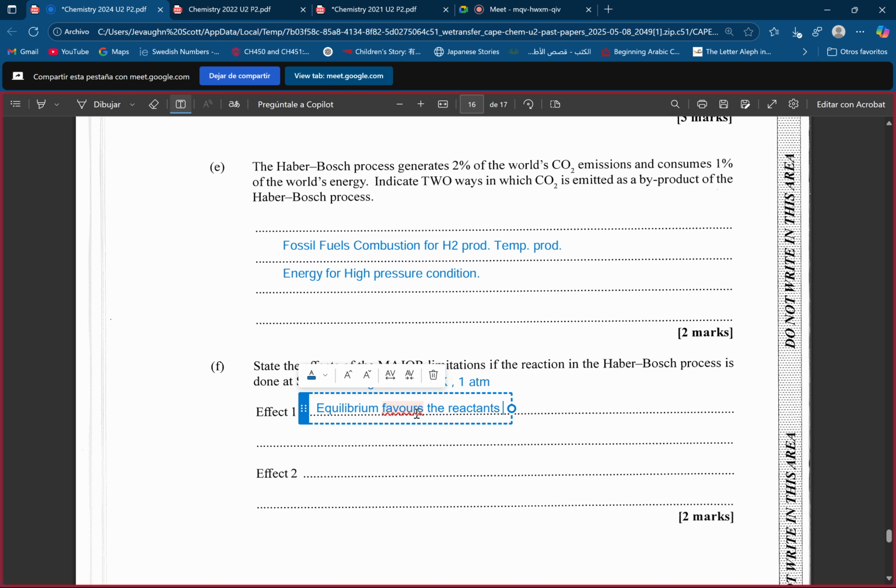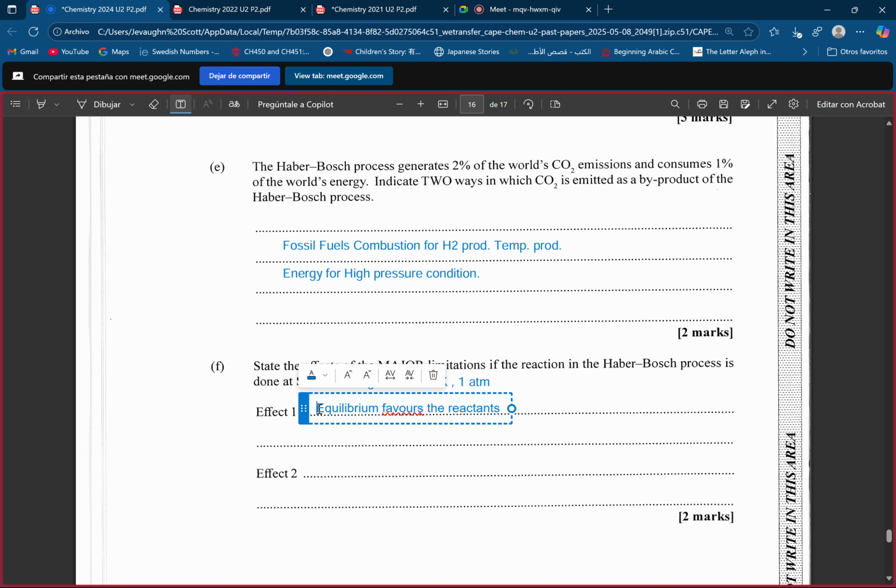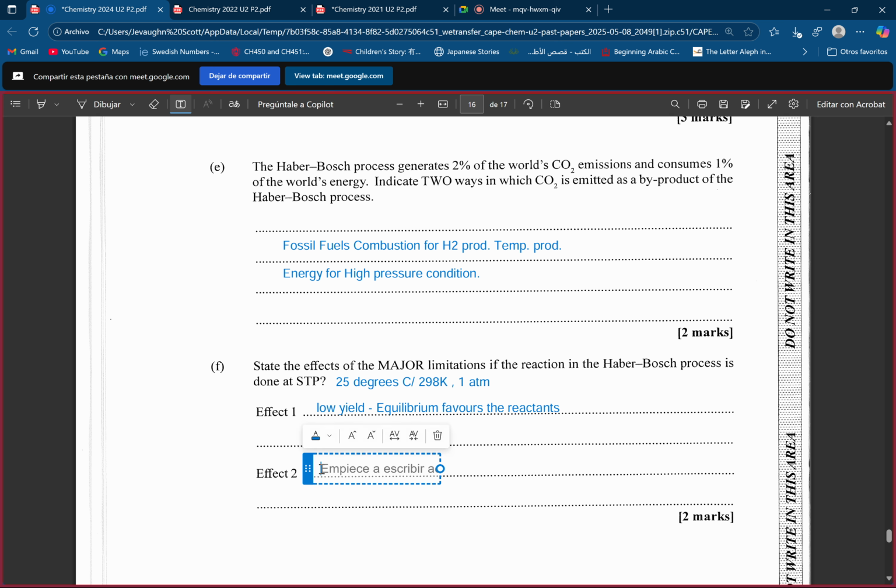Lovely. So equilibrium will favor the reactants. That's the first effect. The second effect would be what? So it's the same thing as well.